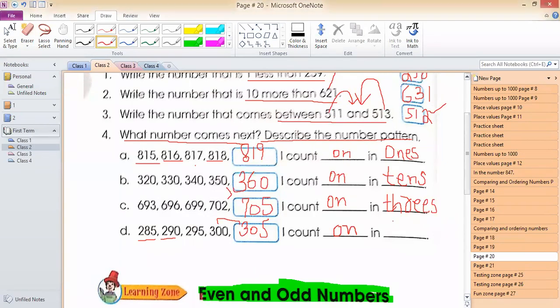So I will write here we are counting on in F, I, V, E, S. We are counting on in 5s. This is the answer, guys. Is it clear? Yes.